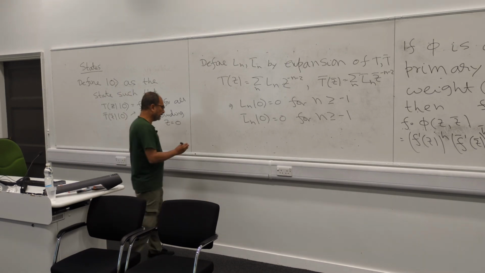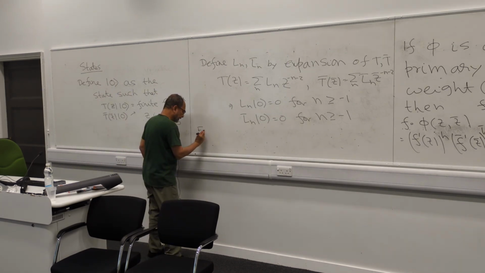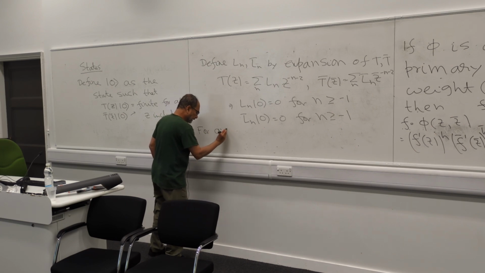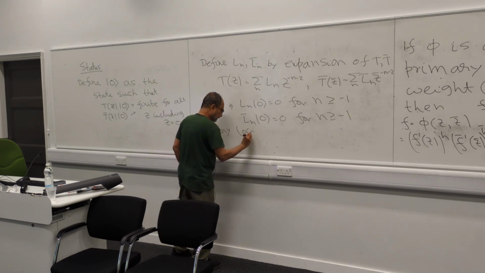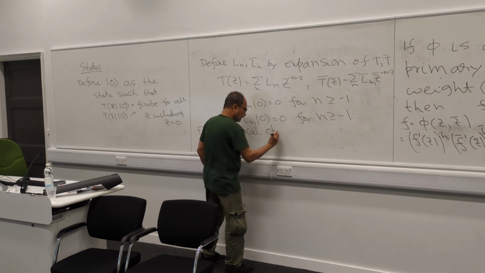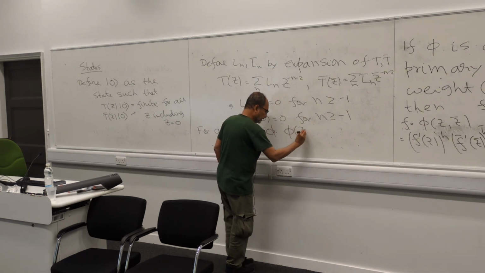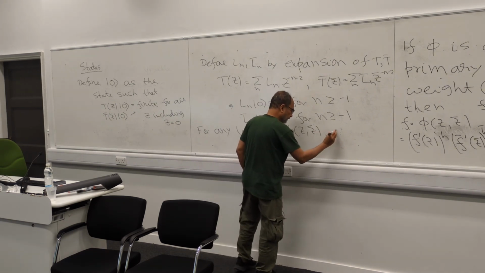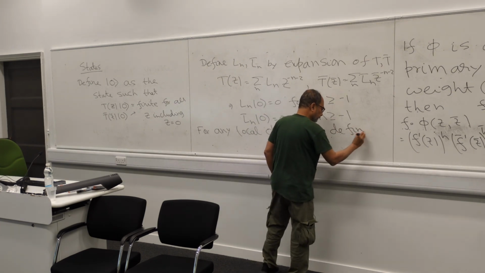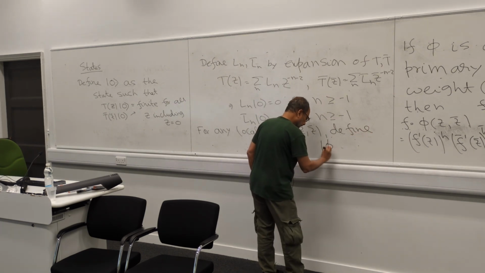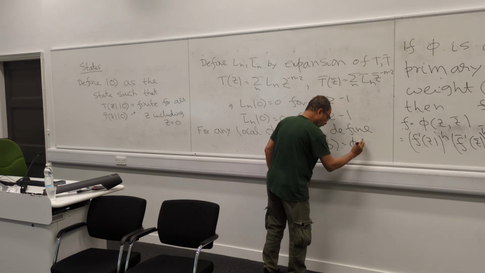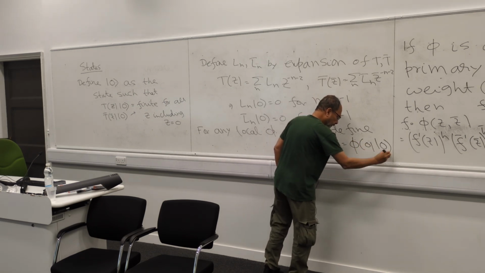Okay. And then for any local operator phi of z, z bar, define the state phi as phi of 0 acting on the vacuum. Right?